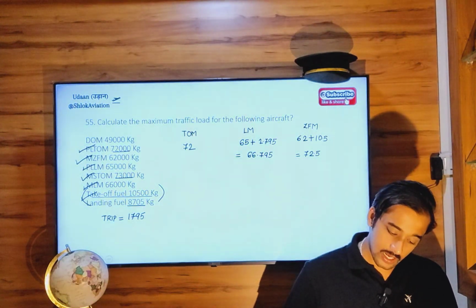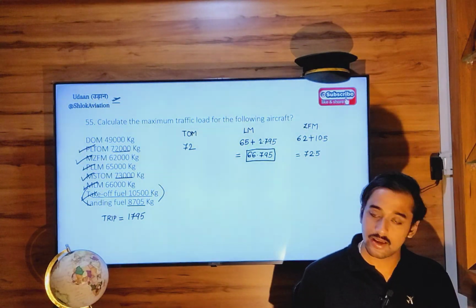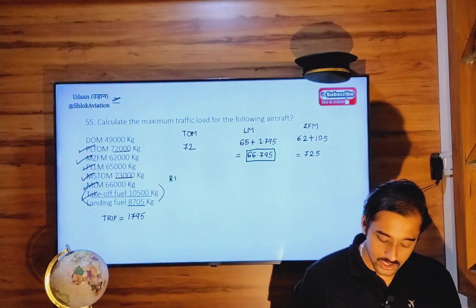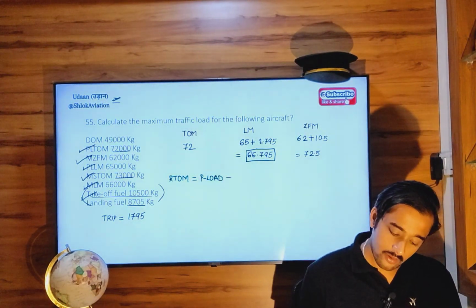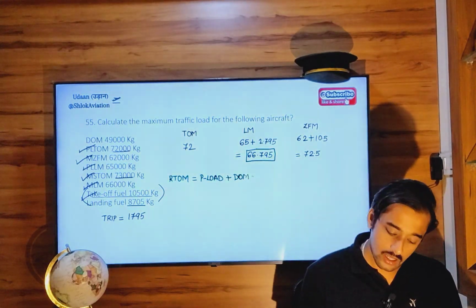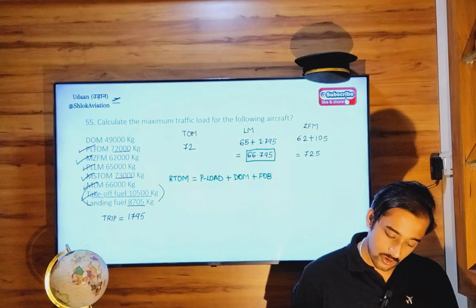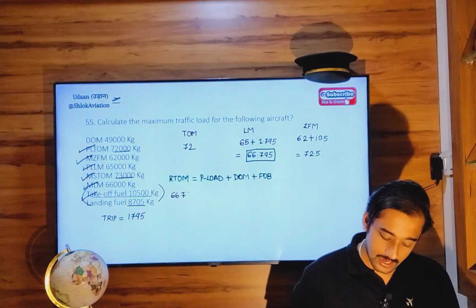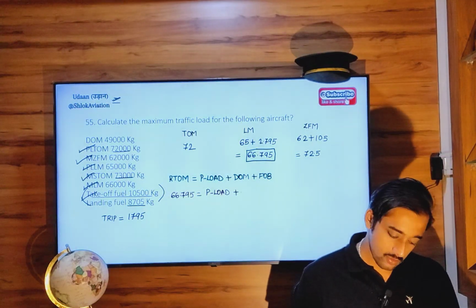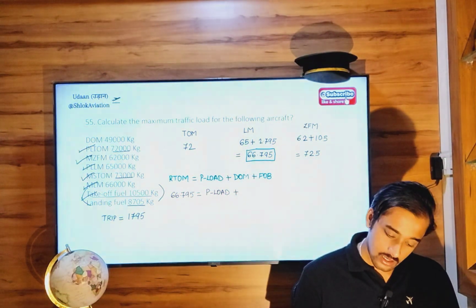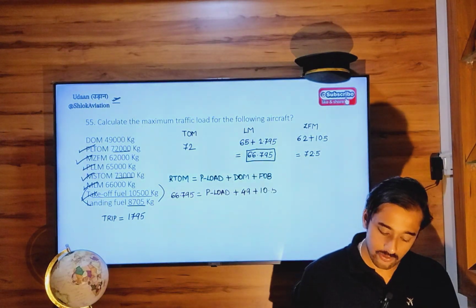Now out of these three values, the least value is 66.795. This becomes the regulated takeoff mass, which is equal to payload or traffic load plus dry operating mass plus fuel on board. Therefore, 66.795 equals payload plus 49 DOM plus fuel on board 10.5.